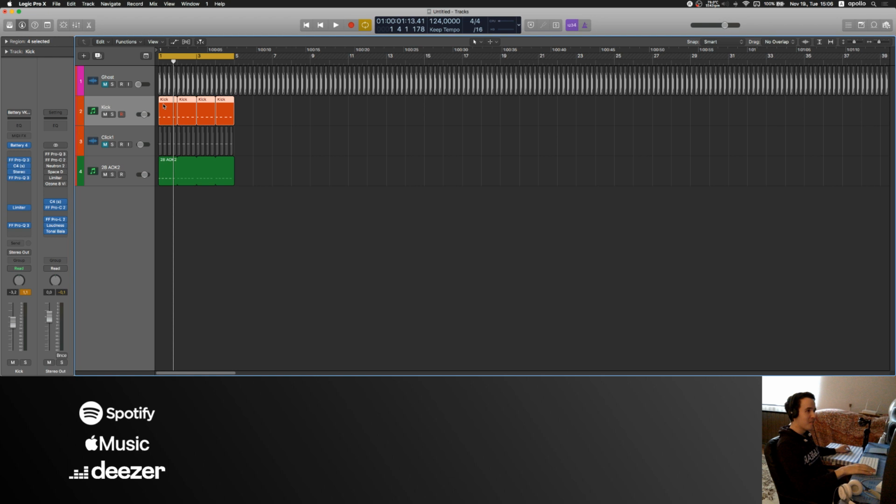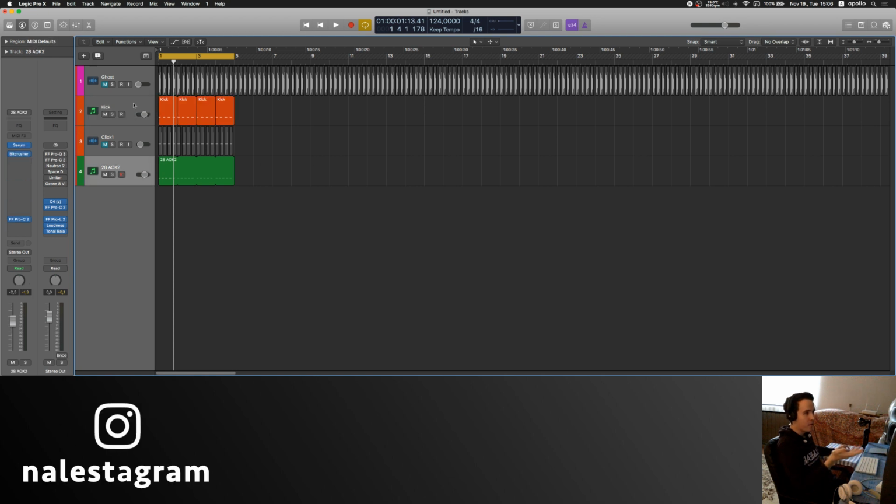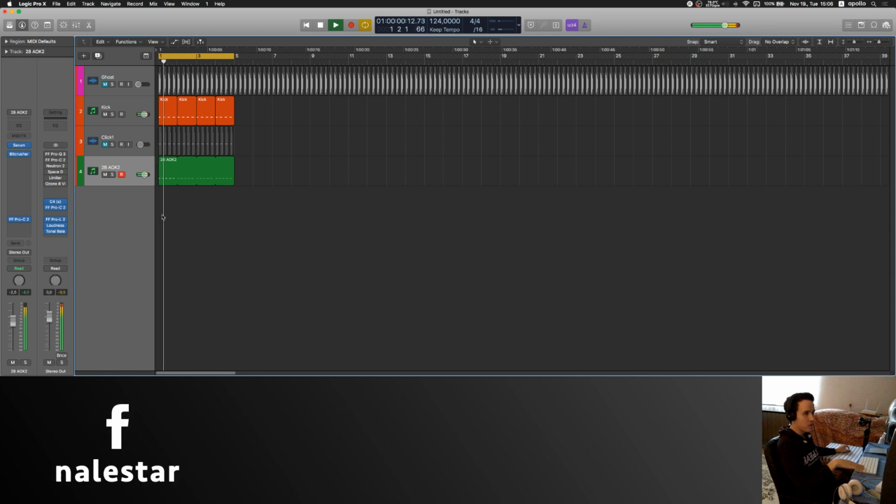Just by doing this, I already have a working kick and bassline combination. Now, without any sort of processing, I'm going into the red, and well, not yet, but yes.